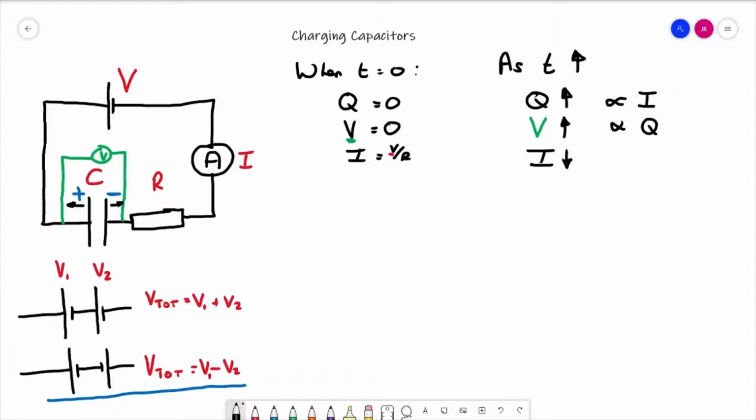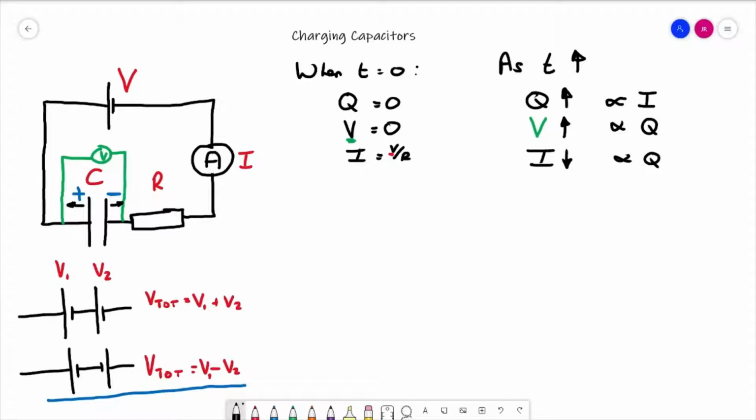Now, the amount that current decreases by is going to depend on what the potential difference across the capacitor is, and that, we know, depends on the charge on the capacitor as well. So really, that current drop, that decrease in current, is going to be proportional to the charge as well. Now, we can see, without doing any maths on this, that we've got this cyclic argument again, that the charge depends on the current, but the current depends on the charge.